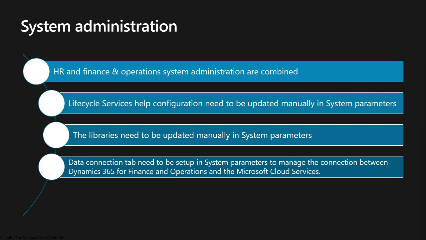So this is not mandatory if you're brand new, but if you want to switch to using the new Azure Data Lake functionality, you'll need to set up that data connection so that we can connect your environment to the Azure Data Lake, so that you can get access to those Azure services and Power BI and so on from the Azure portal.